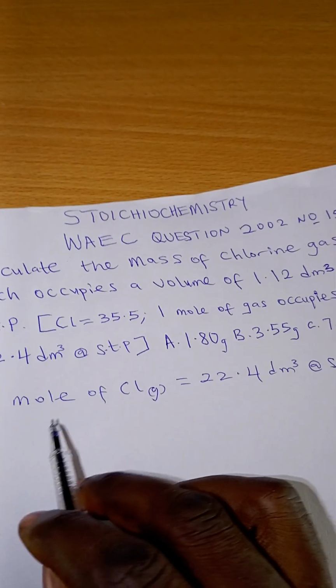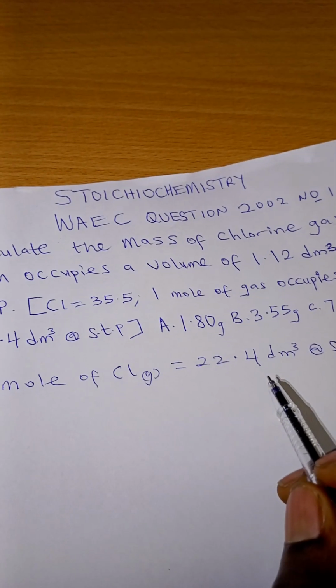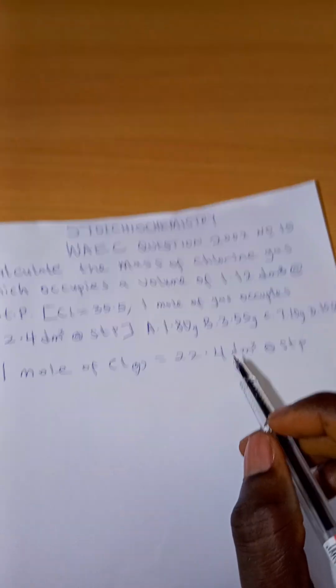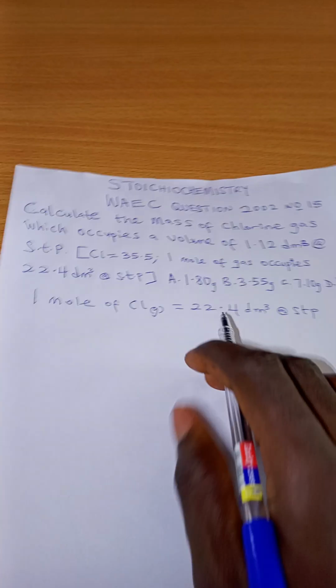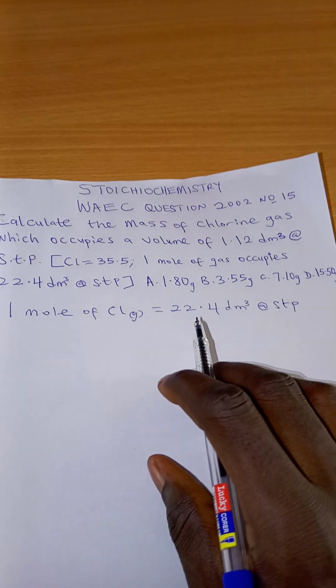So this is the standard: 1 mole of chlorine gas here equals 22.4 dm³.